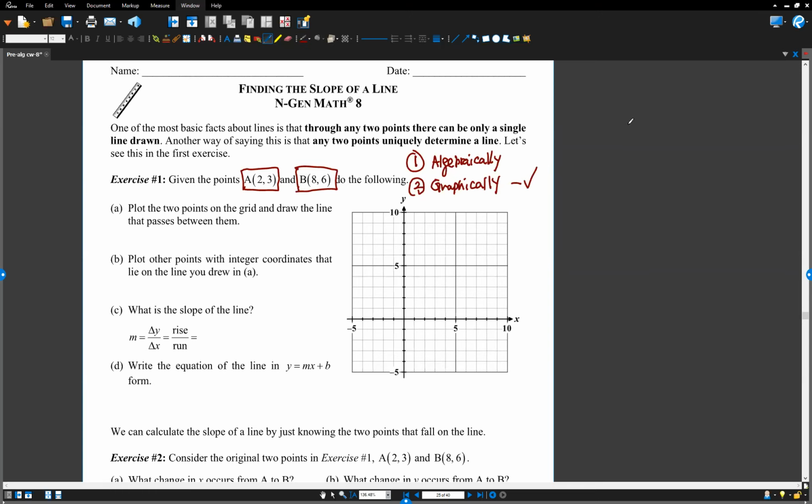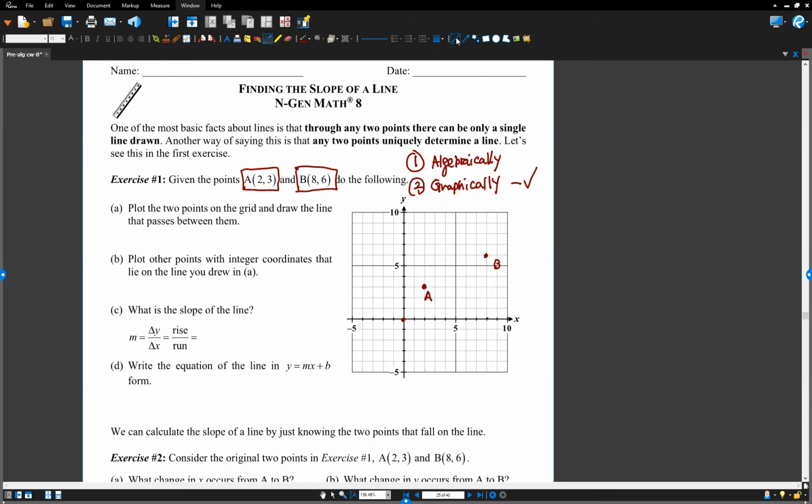Where is point A? (2, 3). This is the origin. (2, 3) is over here. Where is (8, 6)? 8 is over here, 6 over here. That is the next point B. We're going to draw the graph, right?